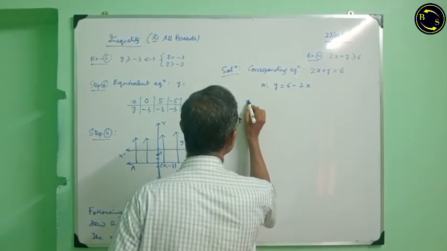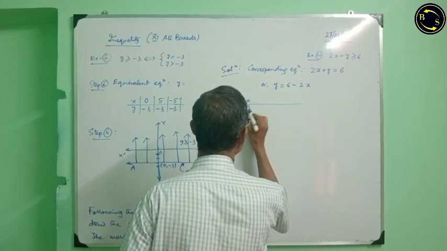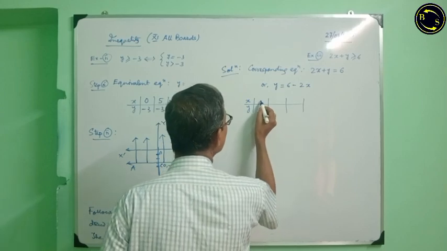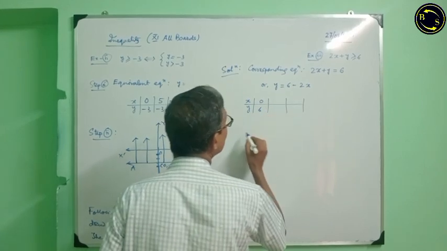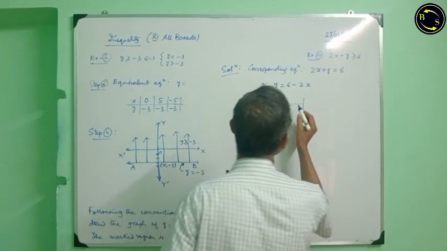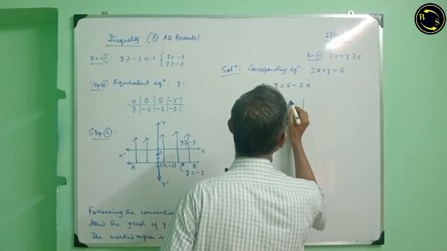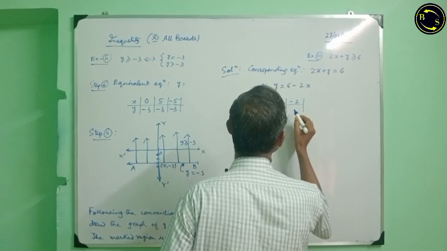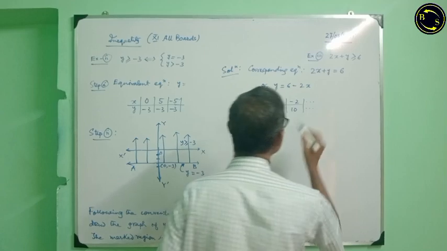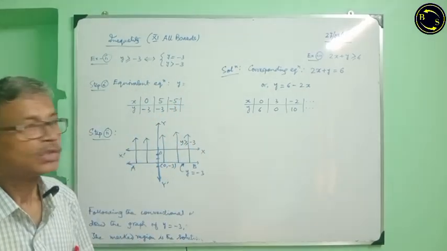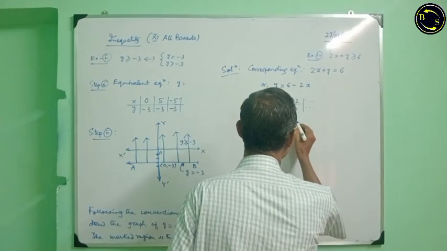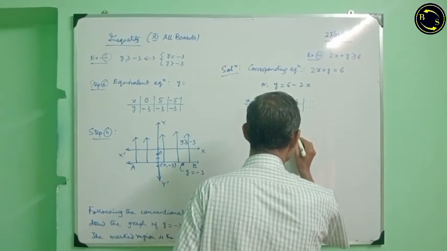Now the table, first I take 0. First you construct this table, then draw the axis.